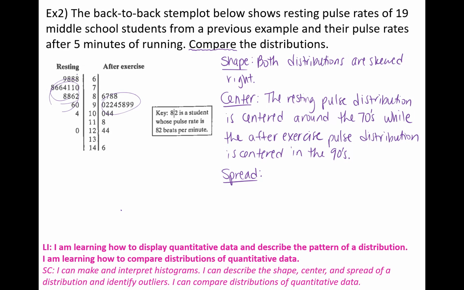There it is. Okay, so the resting starts at 60 and goes to 120, so that's a width of 60, so to speak. And this one starts at 80 and goes to 140, which is also a width of 60. So they are about the same spread, but they're just shifted in where they're located. So I'm going to say their spread is about the same.